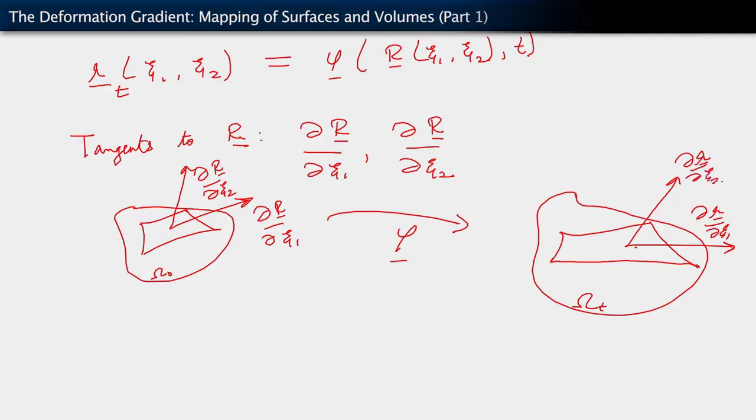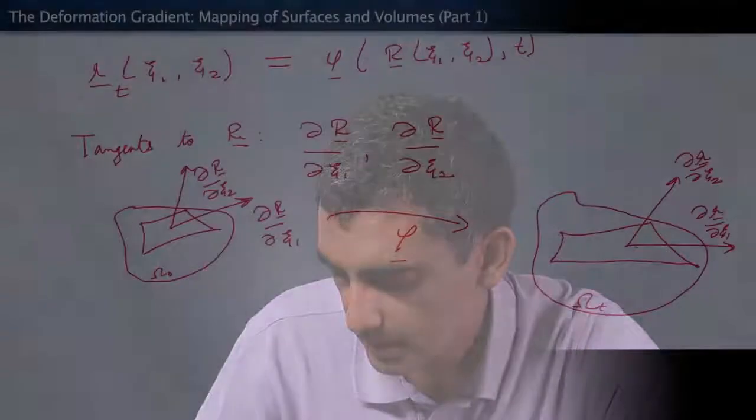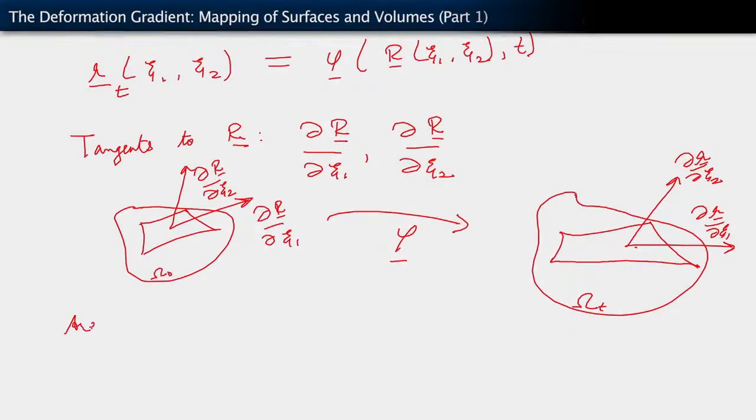All right. Now, though I've drawn fairly large patches on these two configurations, omega naught and omega t, let's think of them as elemental patches, right? They're small, okay? And what that lets us do is talk then about the area vector. So we can define the area vector.